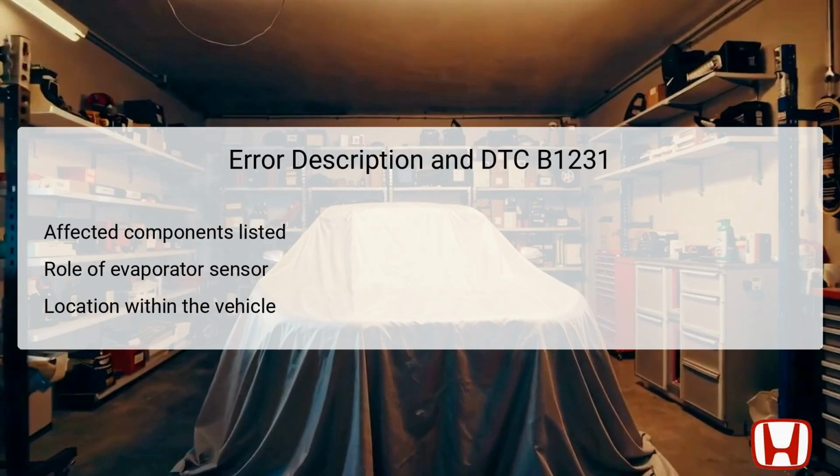The sensor itself is responsible for detecting the temperature of the refrigerant within the evaporator core, helping the system to regulate cooling. When the DTC B1231 triggers, this indicates that there is an open circuit affecting the sensor's functionality, hence the climate control system's inability to determine accurate temperatures.